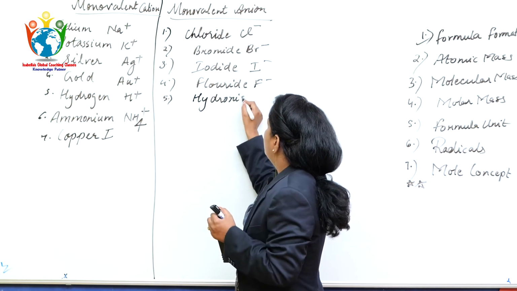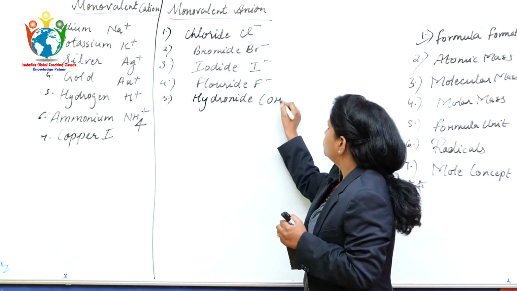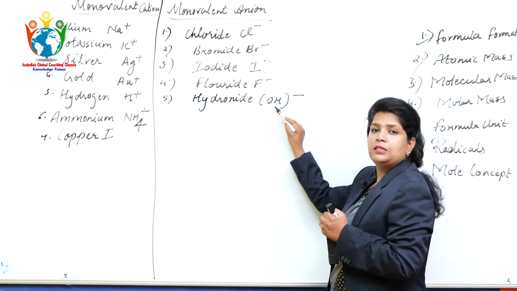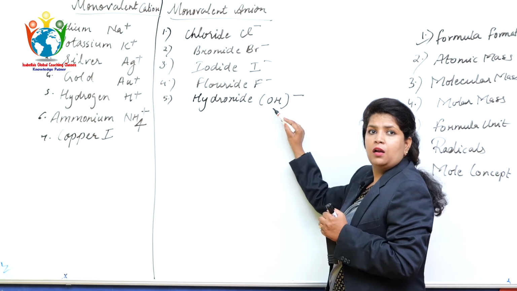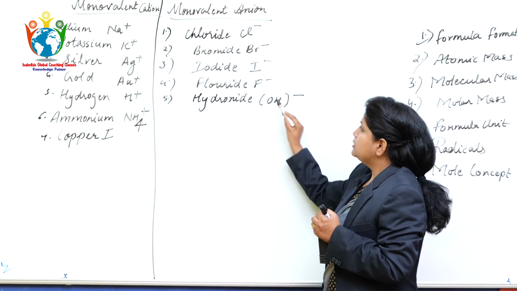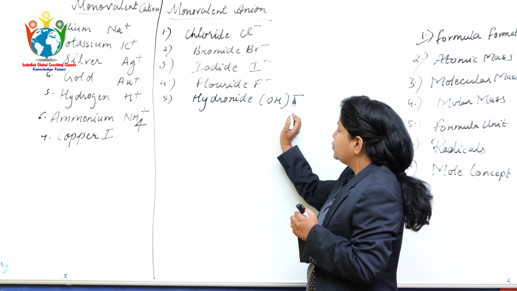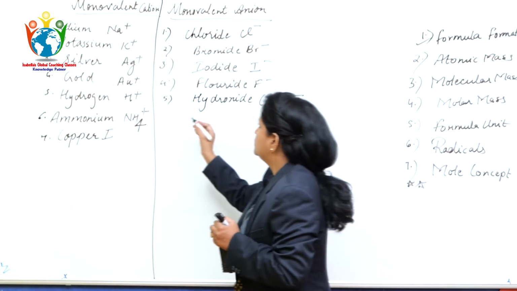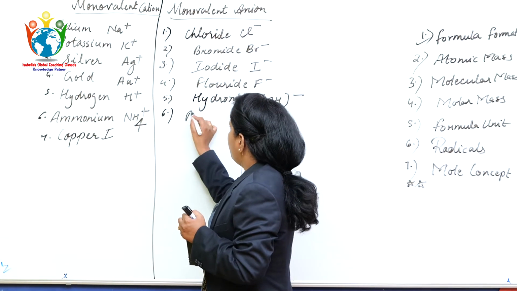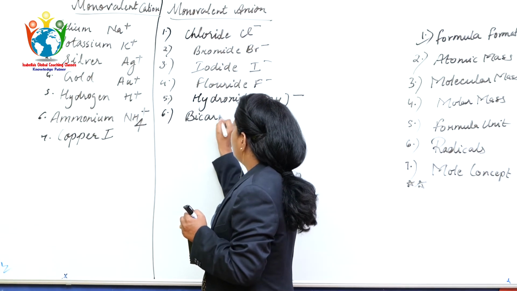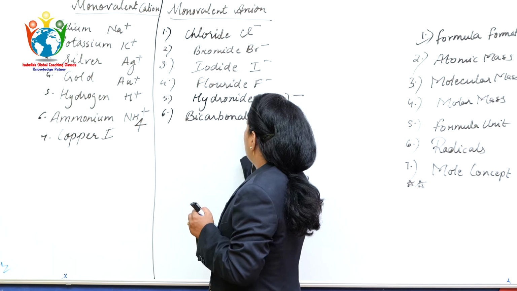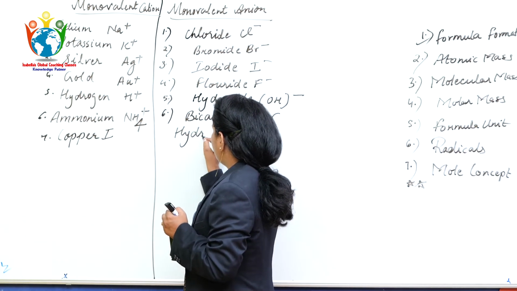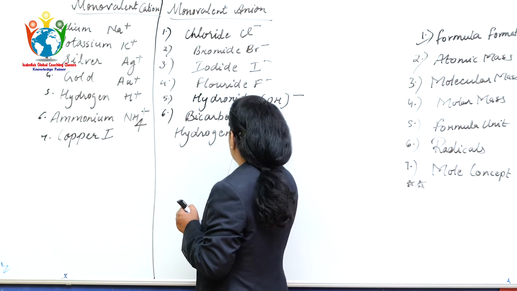Hydroxide, OH minus. Wherever I am making a bracket, please be clear and crystal. If I am making the bracket, you have to draw the bracket whenever you are saying it. Sixth number is bicarbonate, or hydrogen carbonate.